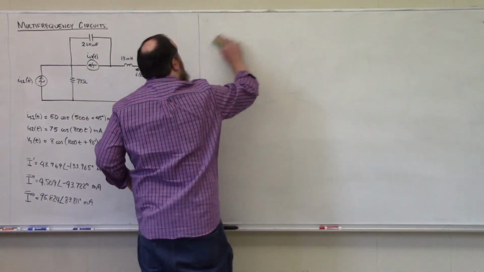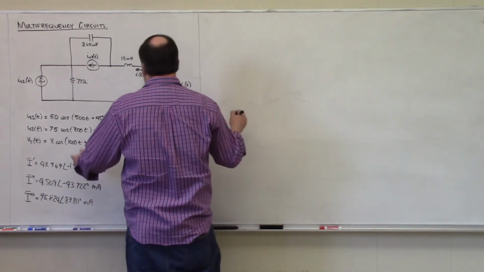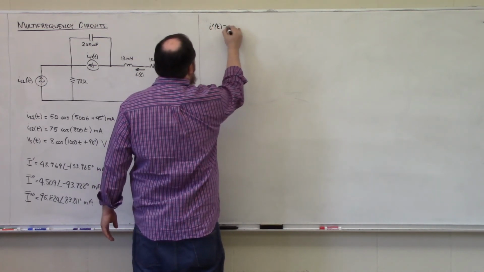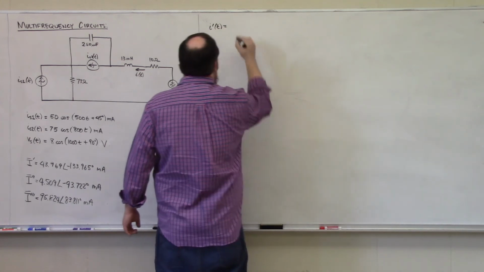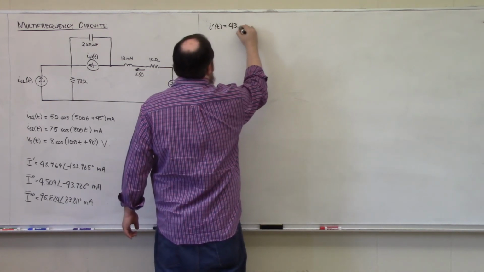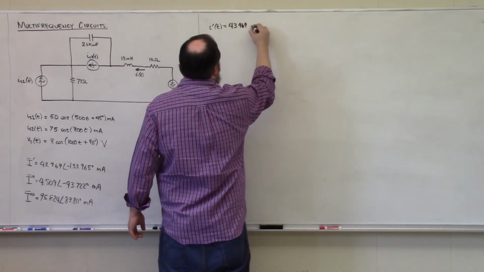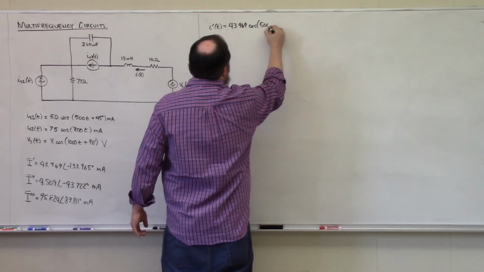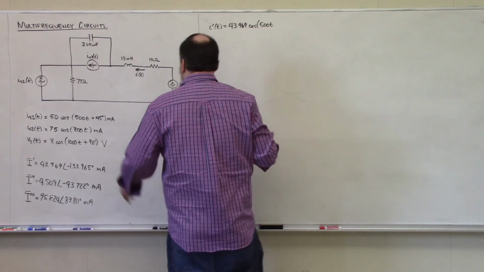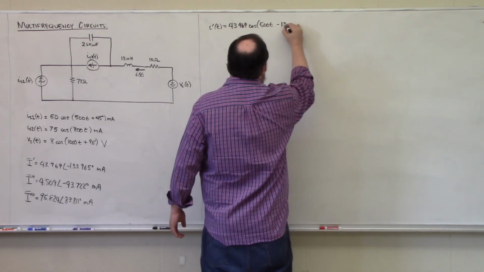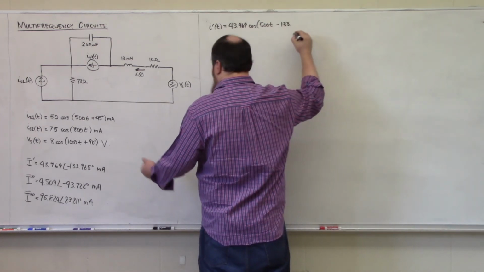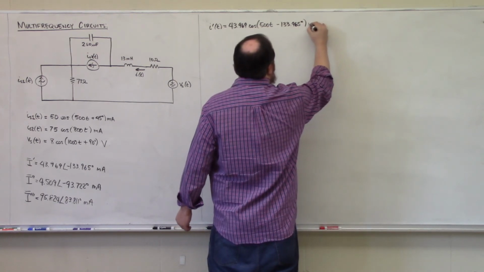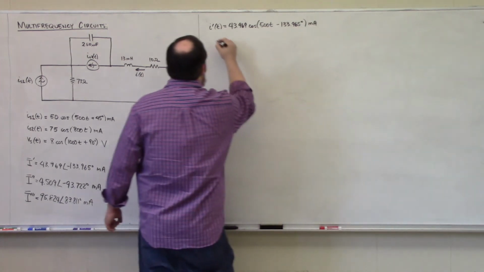So, I prime of t will be 43.969 cosine 500t minus 133.965 degrees milliamps.